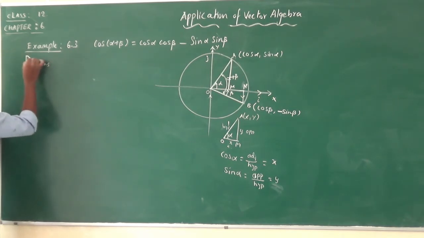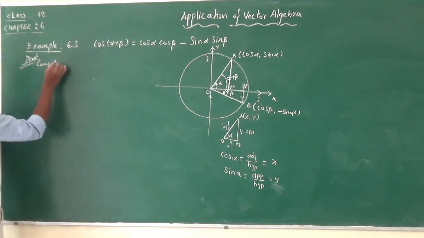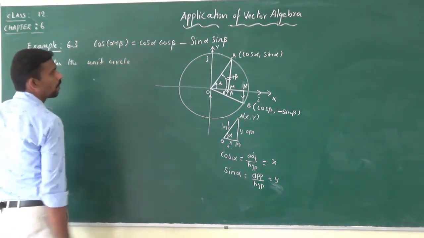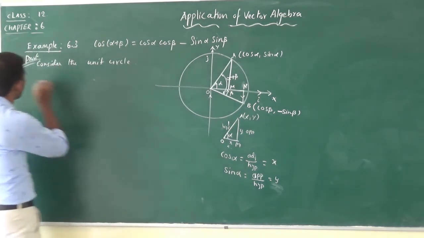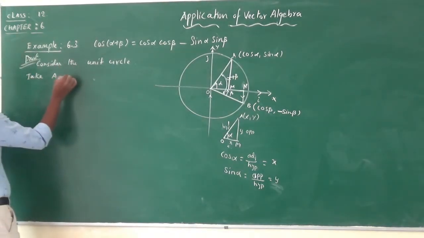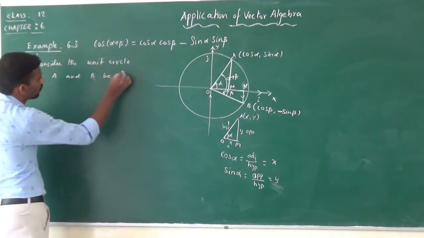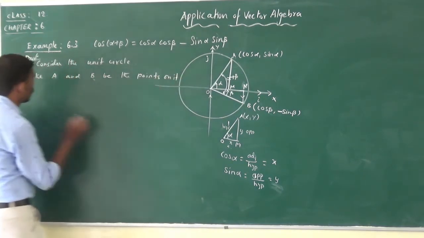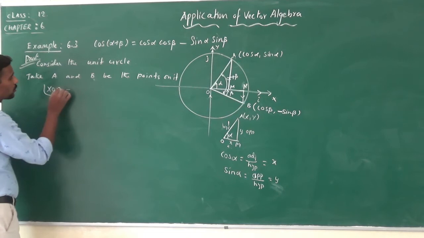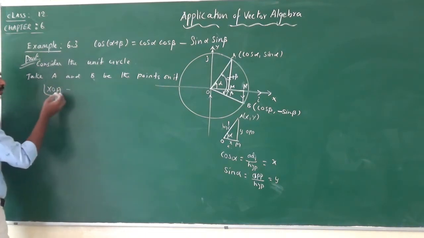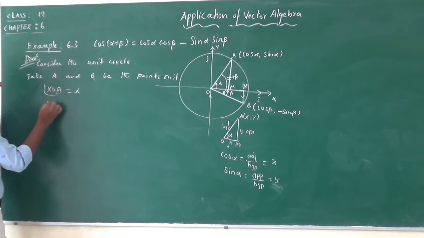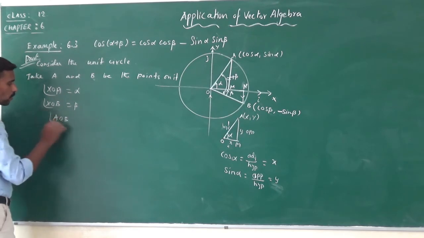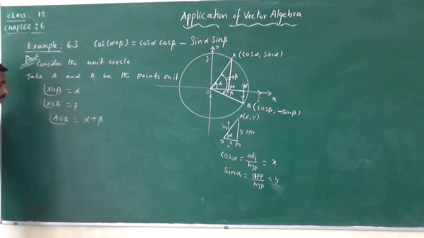Now I am writing the proof. Consider the unit circle. Take points A and B on it. Take angle XOA equal to alpha, and angle XOB equal to beta. Then angle AOB is equal to alpha plus beta.